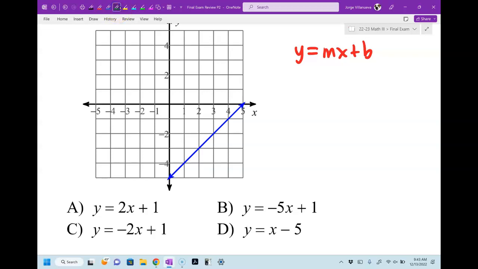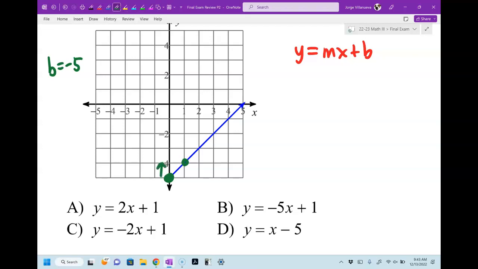Now, the y-intercept is usually pretty easy. Look, I'm going to put a dot right there. That's negative 5. So that means that b is negative 5. Okay, now I'm going to pick another point. So I'll pick this point right next to it. To go from the bottom left to the top right point, how many times do I have to go up?